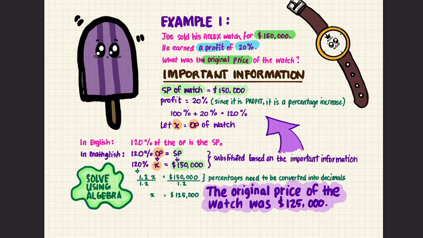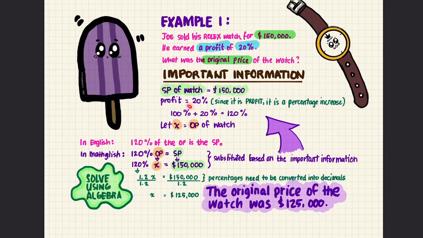Let's look at what is given. The selling price of the watch is $150,000. He had a profit of 20%. Since it's a profit, it's a percentage increase.